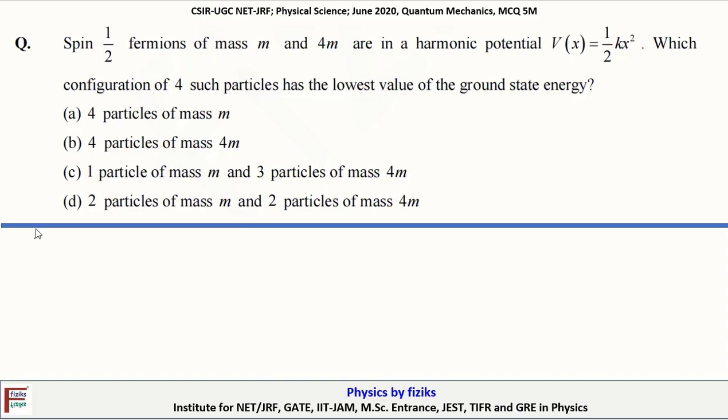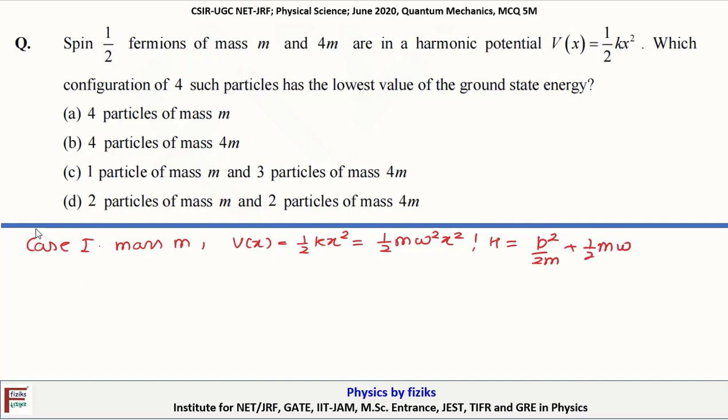I would be considering case 1, that means mass m, where V(x) is equal to half k x square, that means half m omega square x square, so the Hamiltonian has the form p square by twice m plus half m omega square x square.